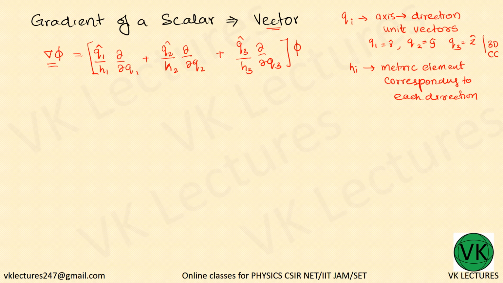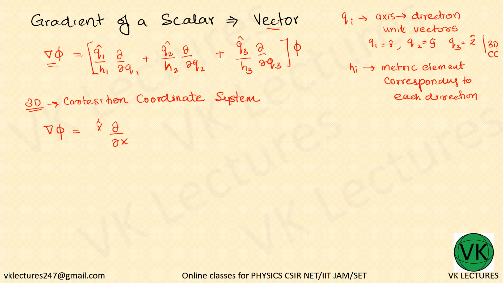Now for the three-dimensional Cartesian coordinate system, the del phi can be written as: q1 cap is x cap, dou by dou x.